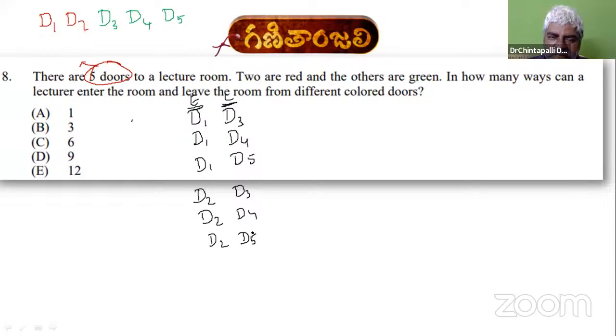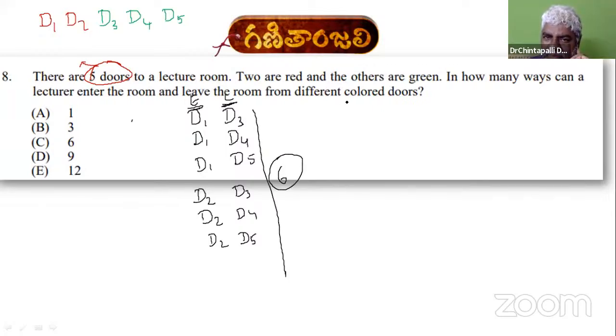Still, there are some more choices. There is no condition to enter through red doors only. The lecturer may enter through green doors and may leave from red doors. How many are these? 6.